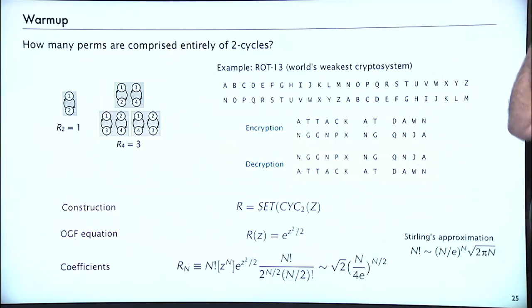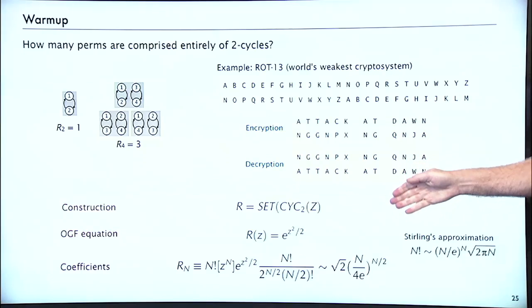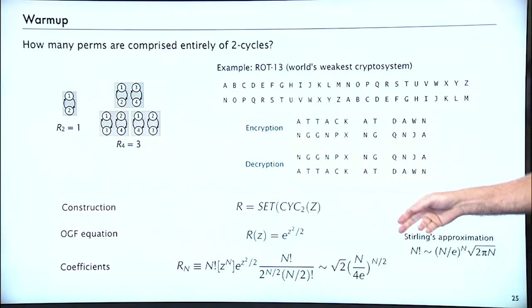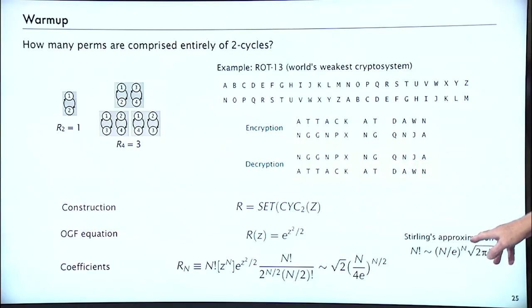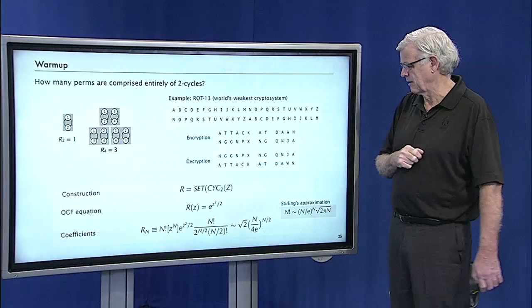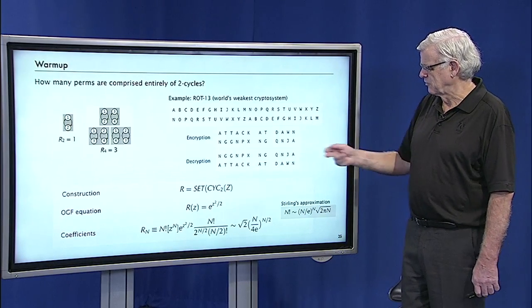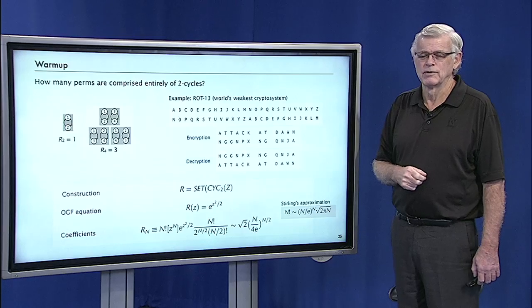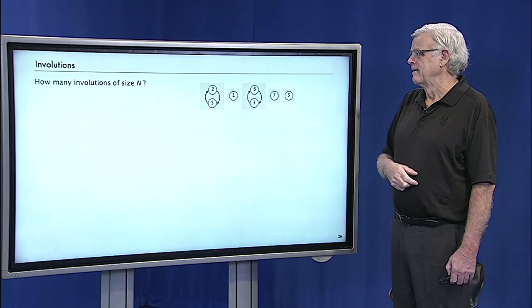That's going to be z squared over 2, so we get z squared, so it's n over 2 factorial, and that's the equation. And we can do the asymptotics from Stirling's approximation to get the number of 2 cycles. So very simple and straightforward with basic analytic combinatorics and asymptotics.